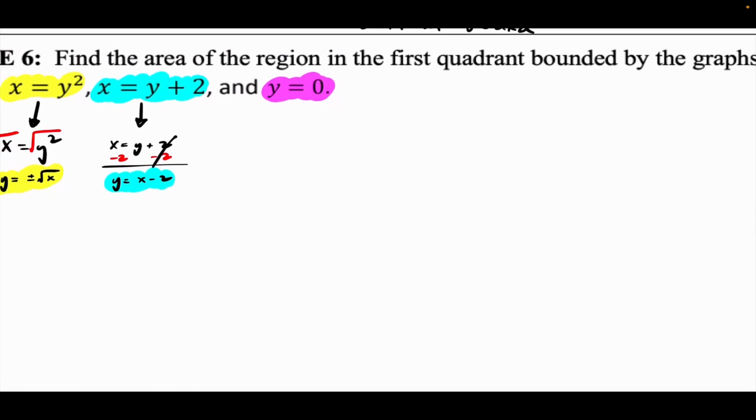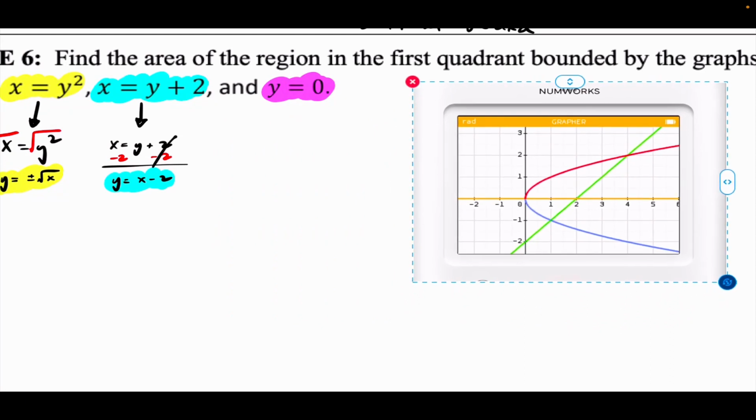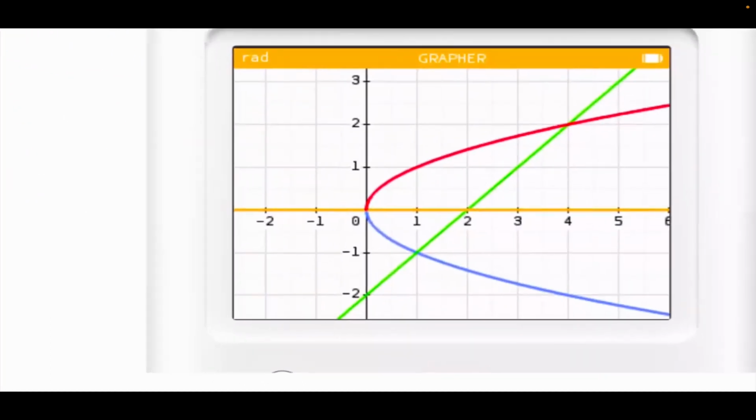So the picture we're looking at is right here. That's the picture. The red and the blue are technically one graph. So we're looking for the area bounded by all of them in the first quadrant.